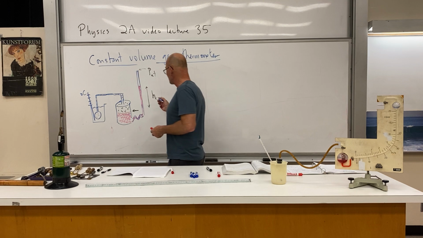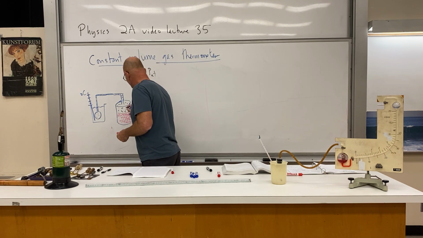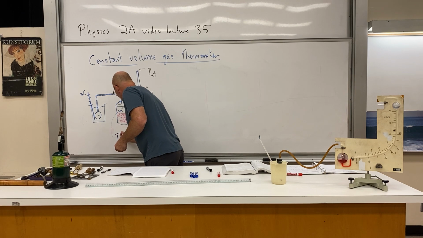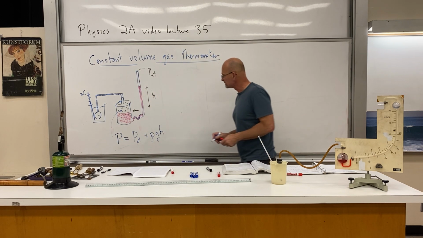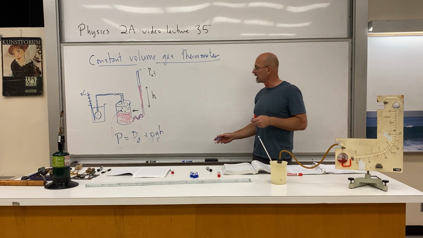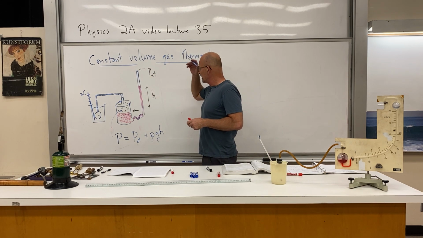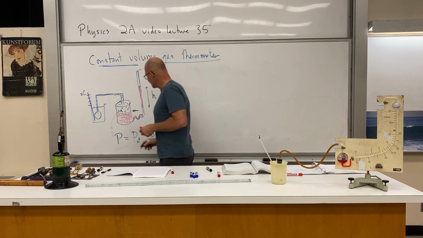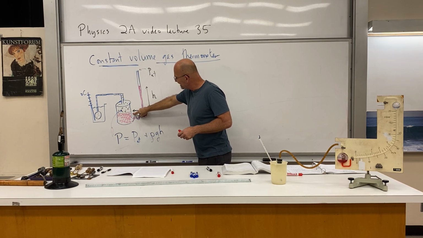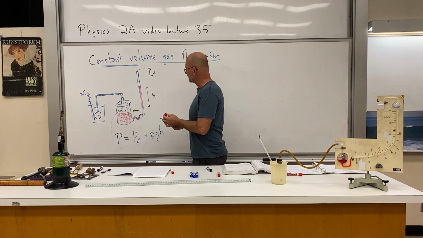So in fact, we could say, I'll just draw an arrow there, P equals P atmosphere plus rho g h. Good thing we studied fluids, right? That's your depth formula. And you have to keep the volume constant. That's important, and that's done by always maintaining this fluid level right there.